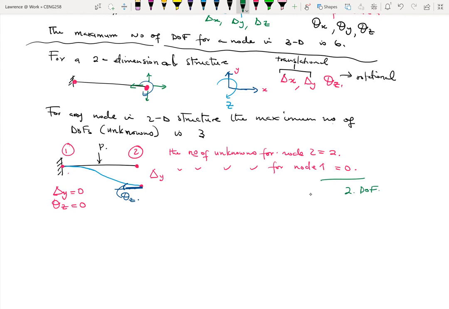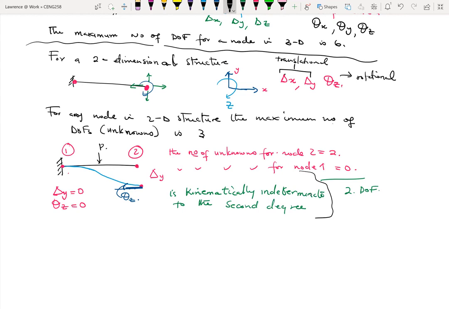All right. So then we can say that this structure is kinematically indeterminate to the second degree, because we only have 2 degrees of freedom.